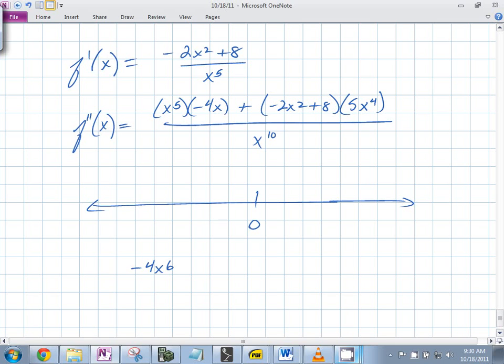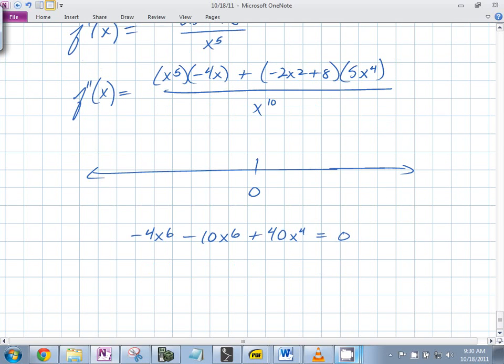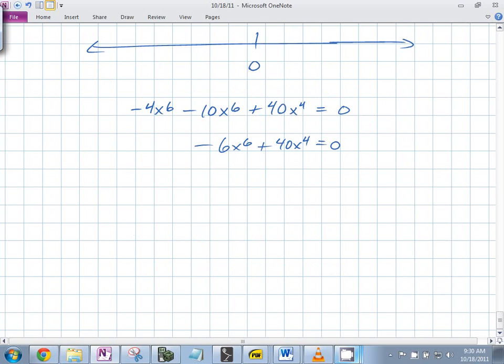We want that equal to 0. We can combine and get negative 6x to the 6th plus 40x to the 4th equals 0. What can we factor out of that? I like factoring out negative 4x to the 4th, I just like getting the negatives out front. But let's just factor out 2 to keep fractions out of it.